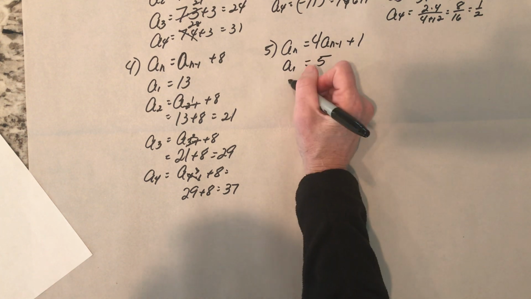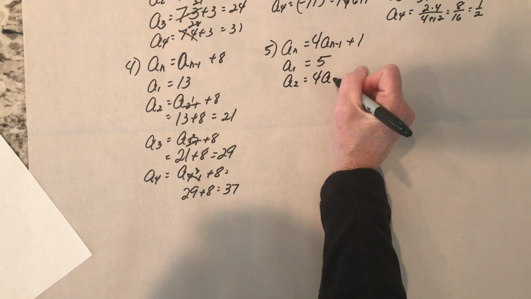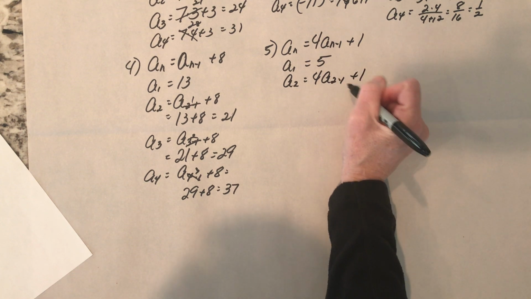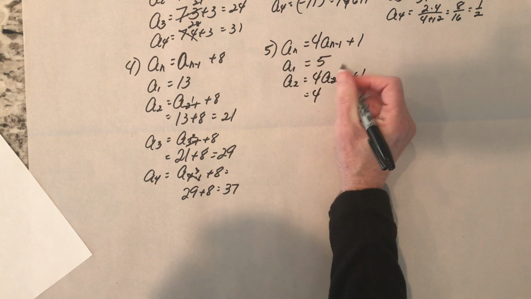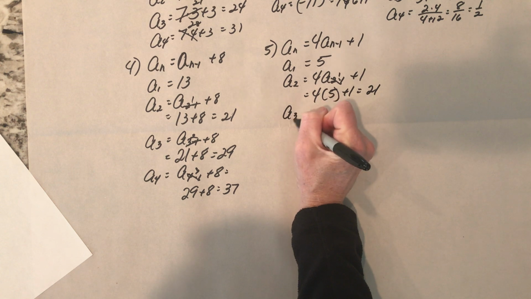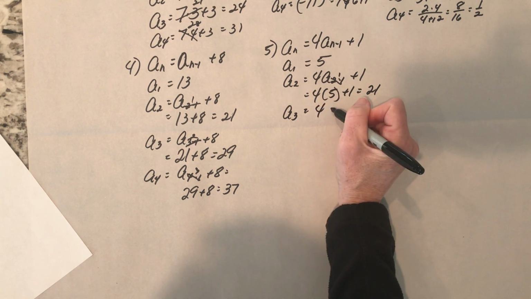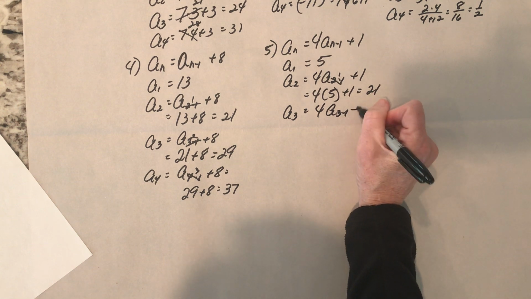There we go. So a sub 2 is going to be 4 times a sub 2 minus 1 plus 1. That'll give us a sub 1 there, so it'll be 4 times the previous answer plus 1. That'll give us 21. A sub 3 is 4 times a sub 3 minus 1.